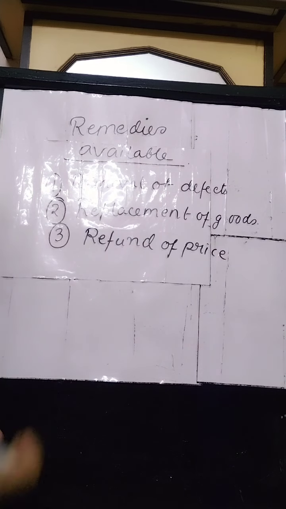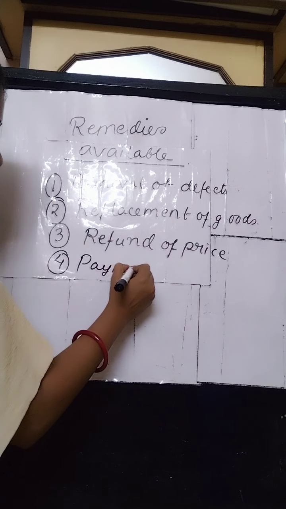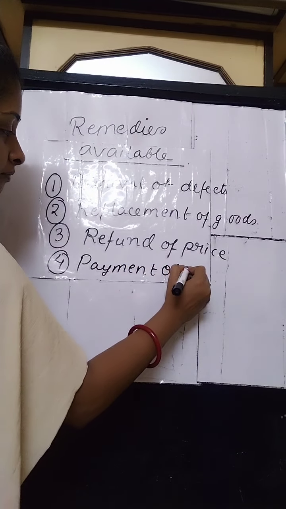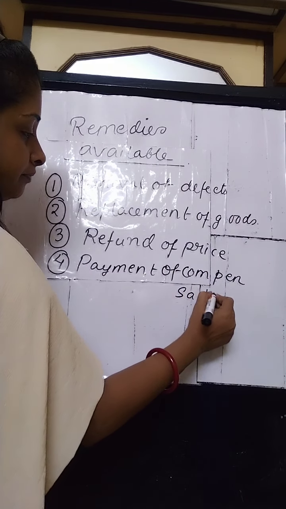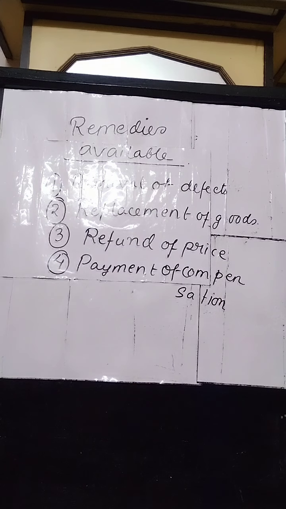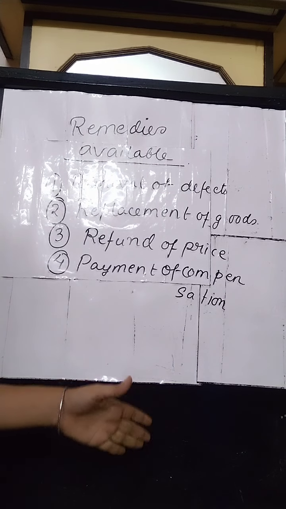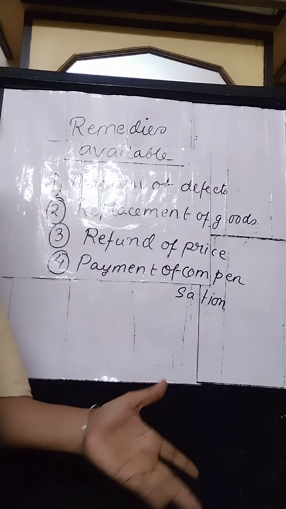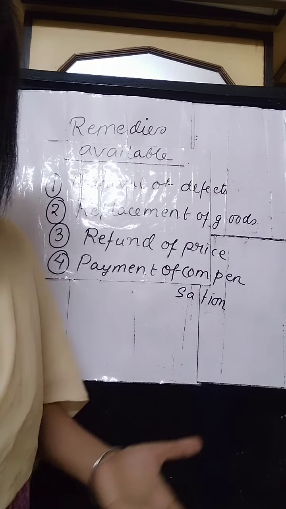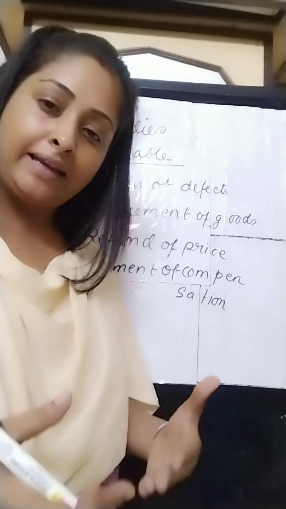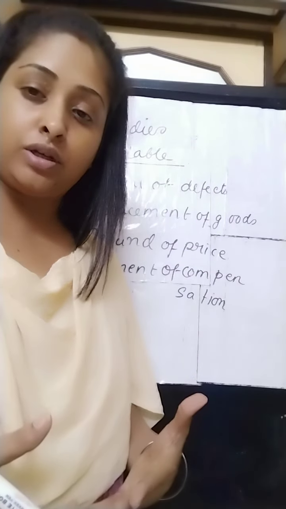Next is payment of compensation. The appropriate authority can also pass an order to pay compensation to the consumer if the consumer has suffered any physical injury or any loss due to negligence or ignorance on the part of the producer or manufacturer.